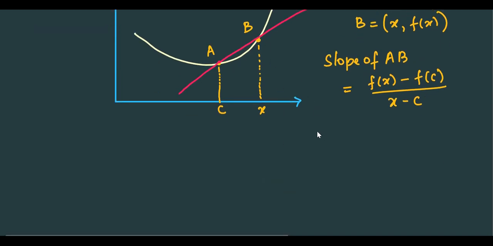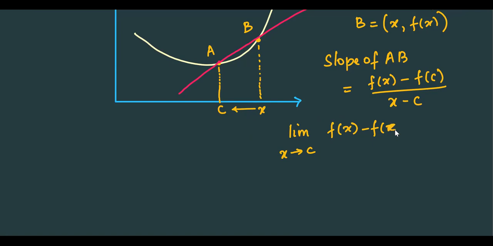Now, when we take the limit as x approaches C, x can approach C either from the left or from the right. It doesn't matter, so both are taken.